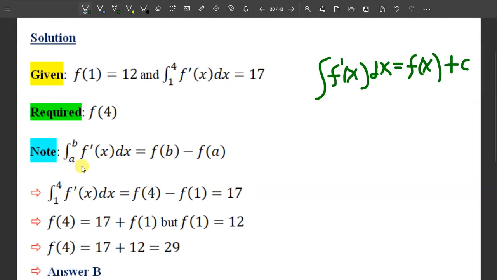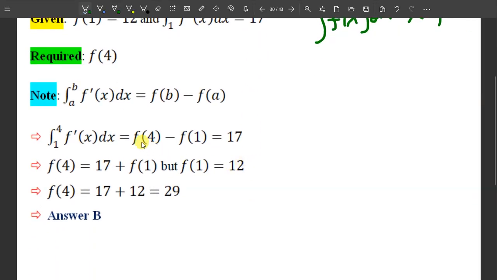Now using this property of definite integral, we begin from this one. The integral from 1 up to 4 of f prime of x dx, by this property, becomes f of 4 minus f of 1, which is equal to 17. It is given. And then solve for f of 4. f of 4 is equal to 17, then move minus f of 1.